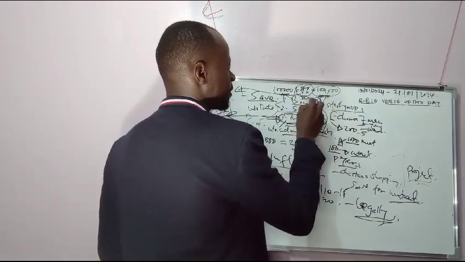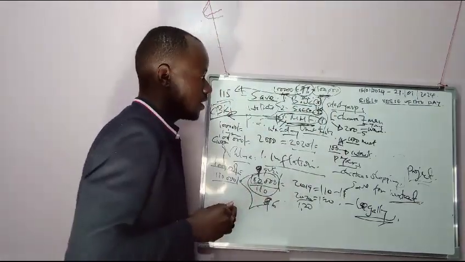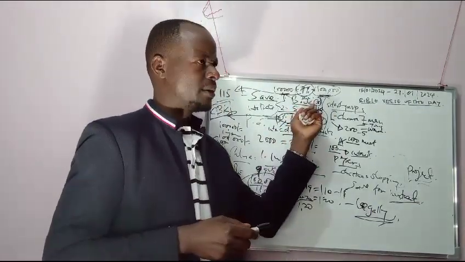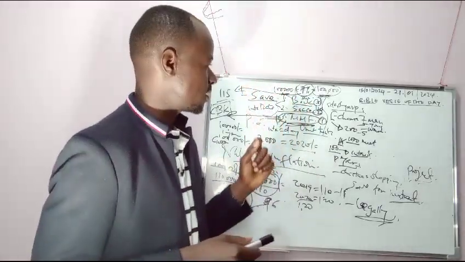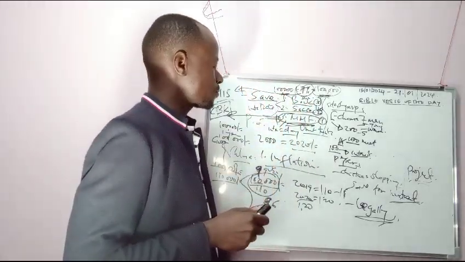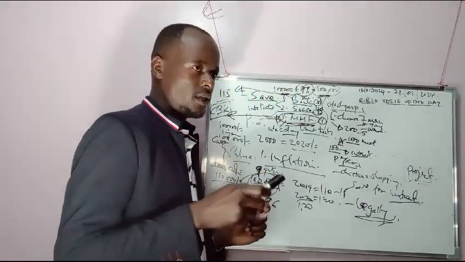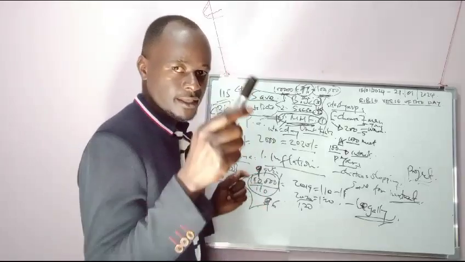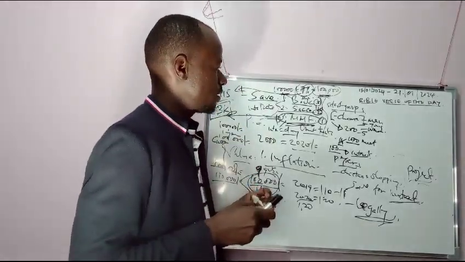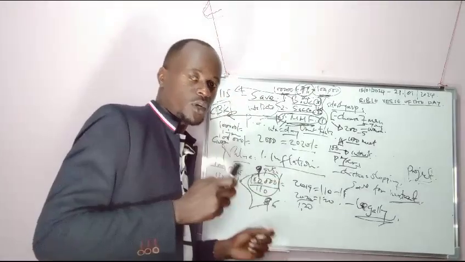The banks have a savings account that they always give, probably between 6 and 8%, because that is the inflation value. Sometimes they don't give the higher side, they give you the lower side.